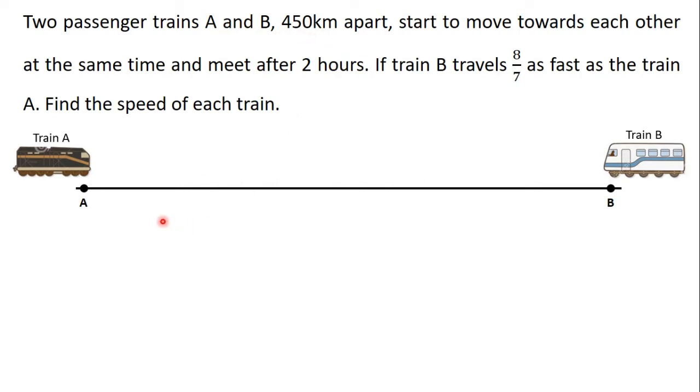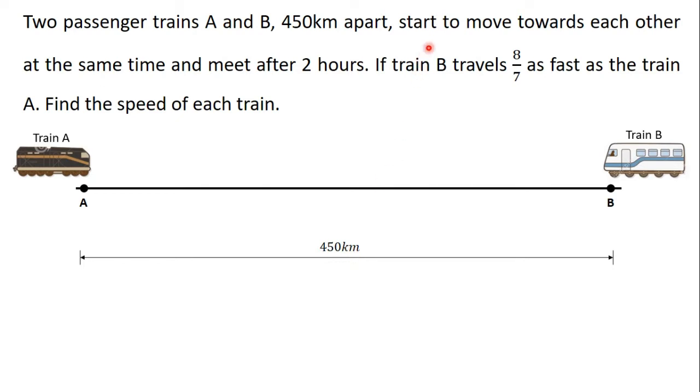This means that the distance between the position of point A and the position of point B is 450 kilometers. So from point A to point B is 450 kilometers.